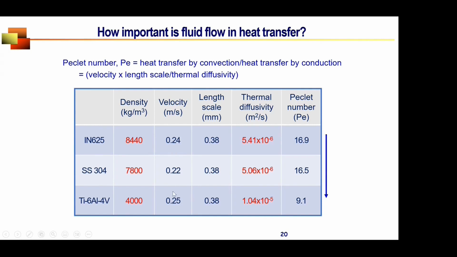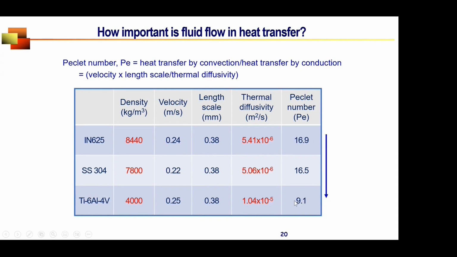So here we are comparing for three different materials, typical working conditions in which we have different velocities calculated by heat and fluid flow model, the length scales, and then the thermal diffusivities. So Peclet number is velocity into length scale by thermal diffusivity. And you can see that for Inconel 625, its value is about 16, 17. And for Ti 64, it's about 9.